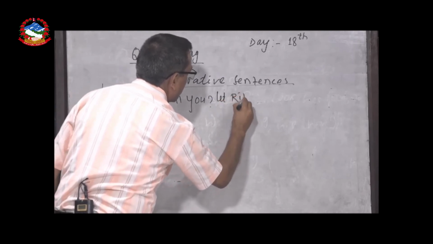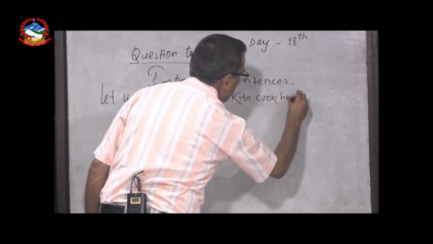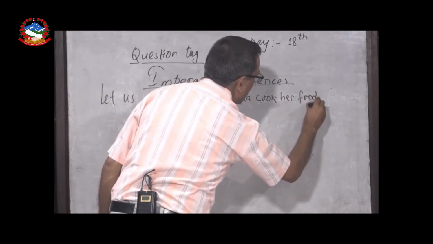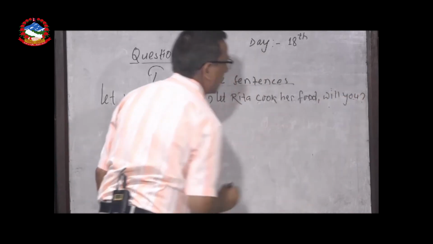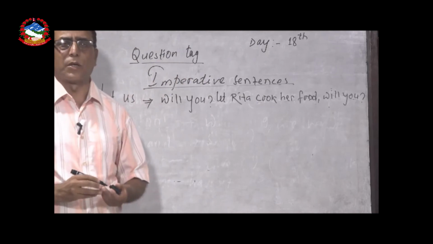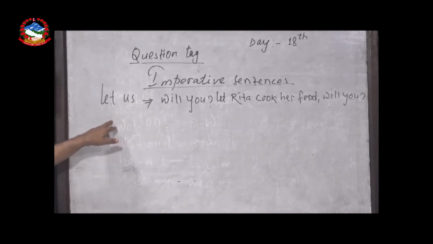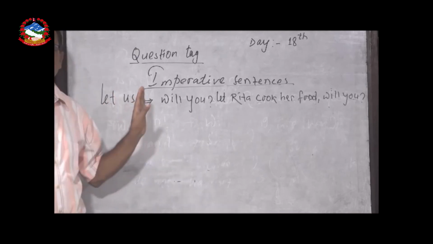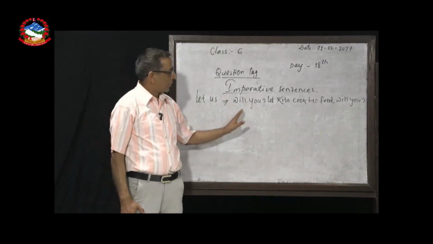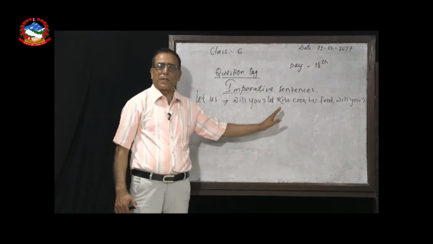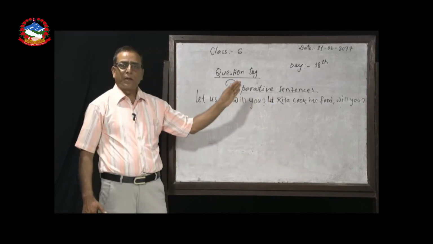Let Rita cook her food. Will you? The tag becomes will you. Why? Because as you know, if the statement starts from let us, you have to change this statement into tags or make the question tag by adding will you.